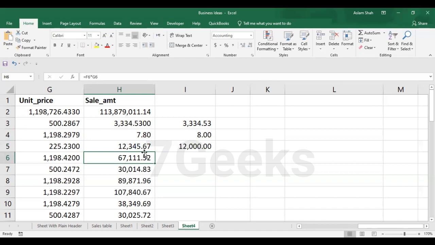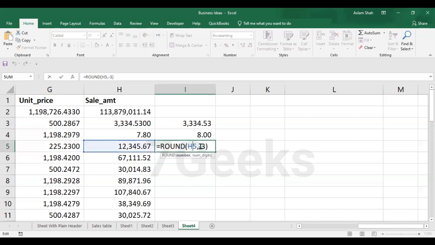So you see that it has rounded the first 3 digits on the left side of the decimal to 000 and rounded the figure to 12,000.